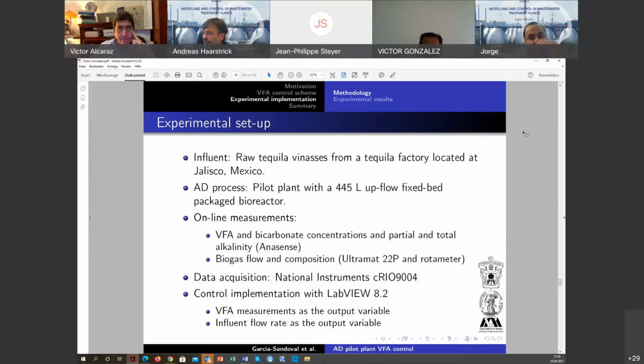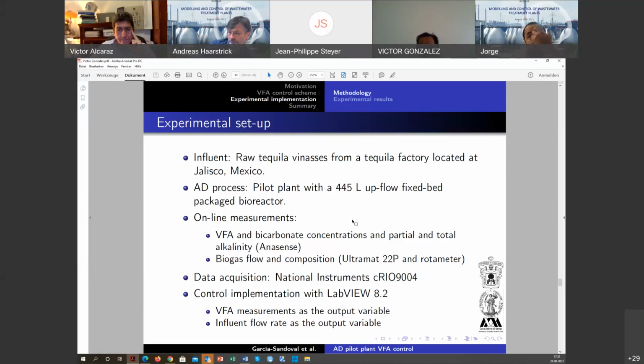Of course, as Jeffrey said, the more information we have about the process, the better. We can design better control schemes.